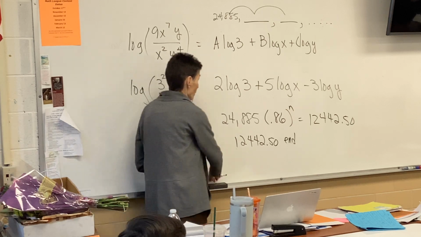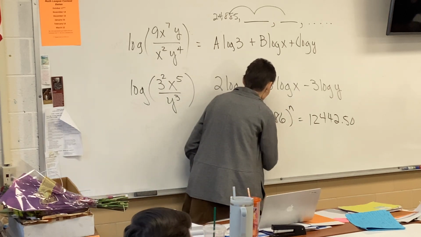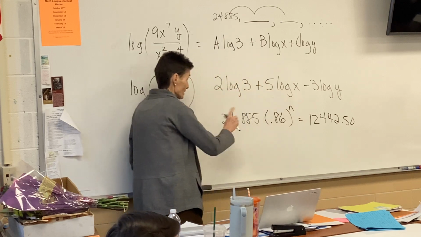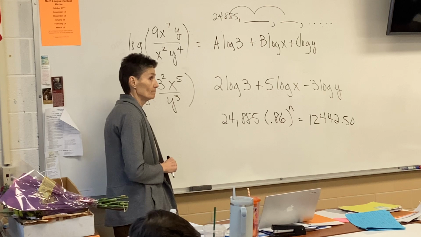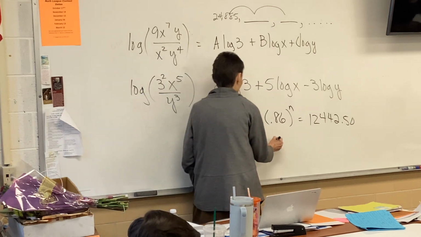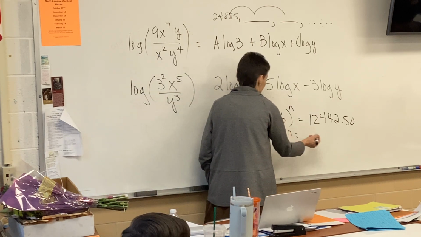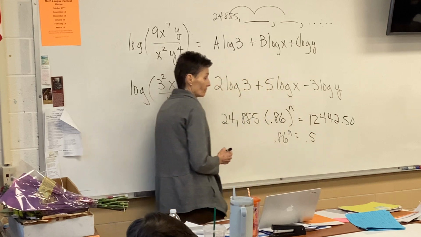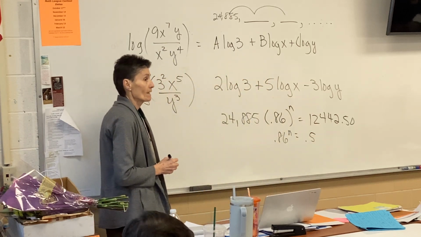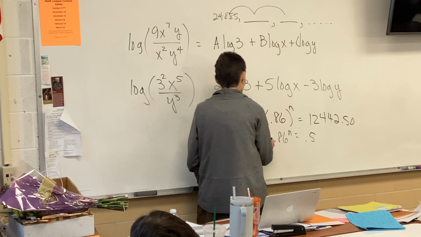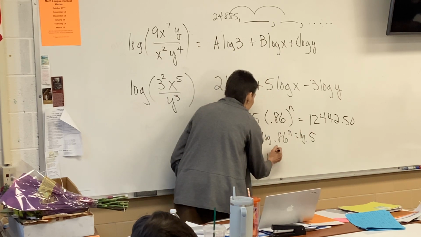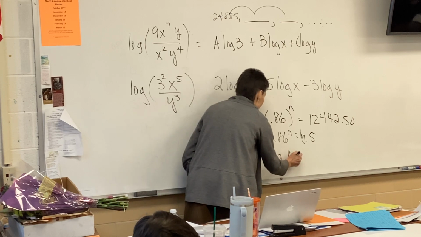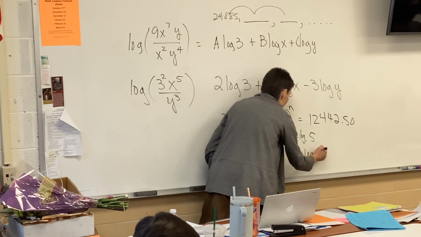So how do you solve something like that? We built this nice equation. How do we solve something like this? Can we divide by the 24,000? You have to, yeah. So you're gonna divide, and that's just gonna give you 0.5. And then we'll take the logarithm of both sides. So n log 0.86 equals log 0.5.